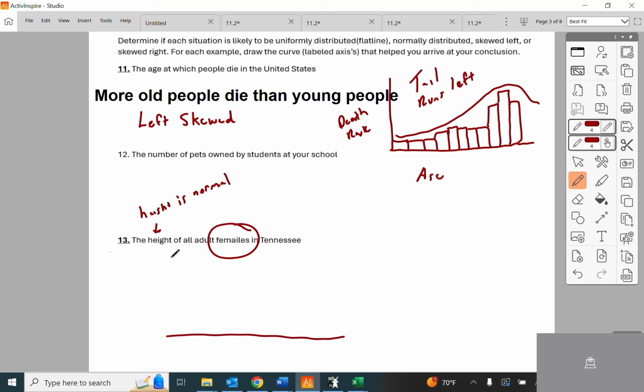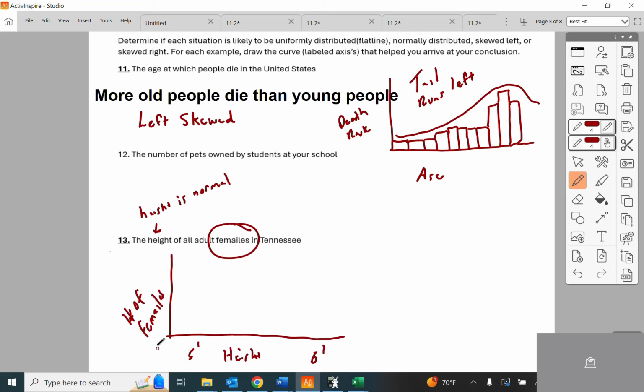You're going to have some short females and you're going to have some tall females, but if we just did a height range from like 5 foot to maybe 6 foot, this would be your height. This would be the frequency, the number of, whatever a family is.